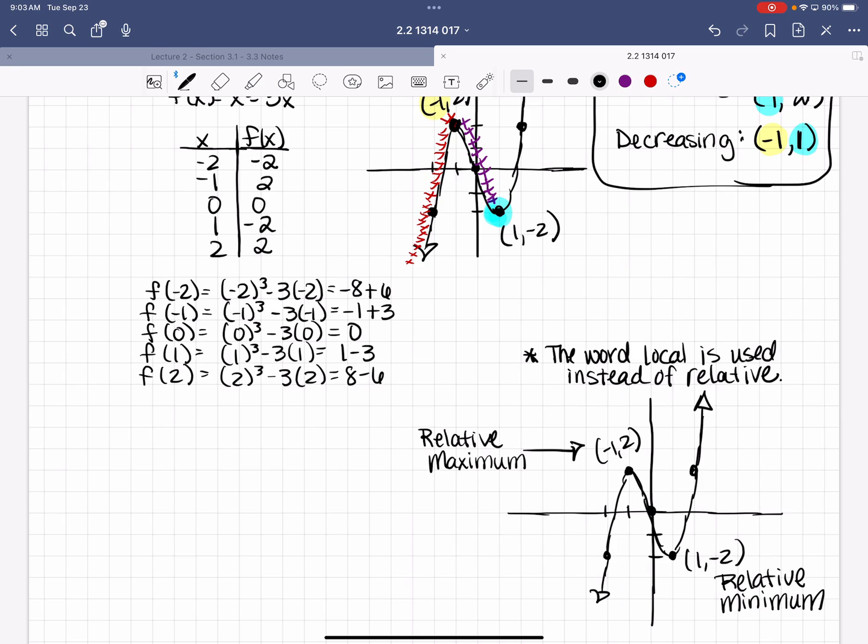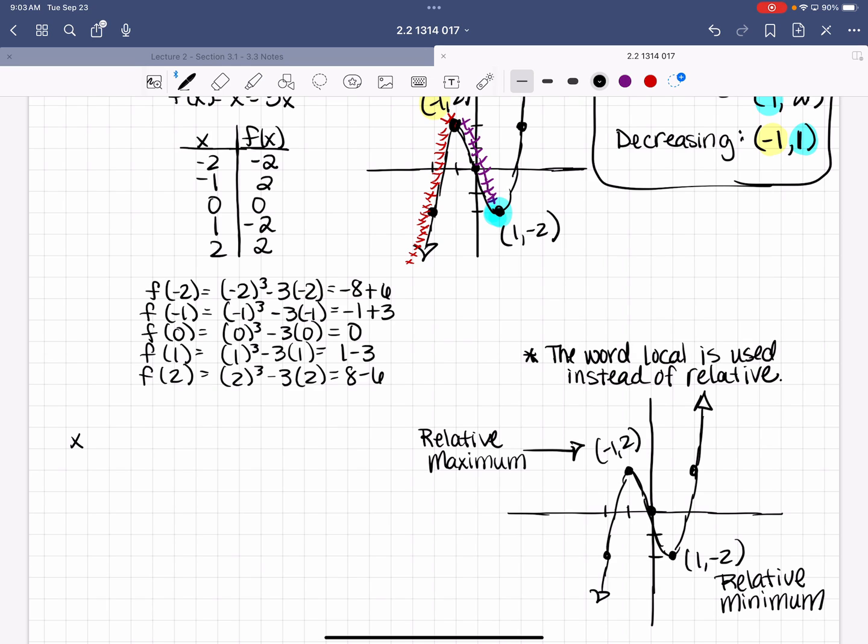You may have even heard it called that depending on your Algebra 2 class. It's relative because we're saying it's relative to its environment, because technically I could find higher points on that function. But in that particular area, that spot on the graph, it is a relative or local max. It's localized right there.